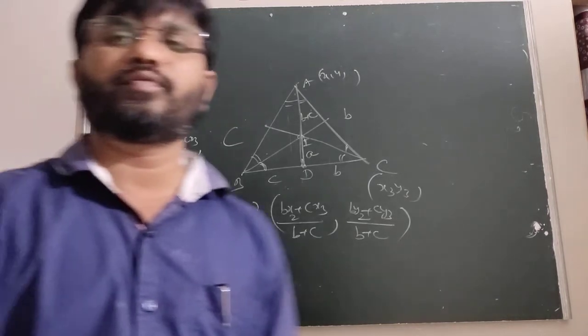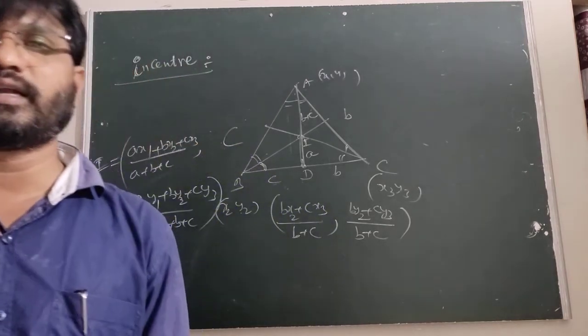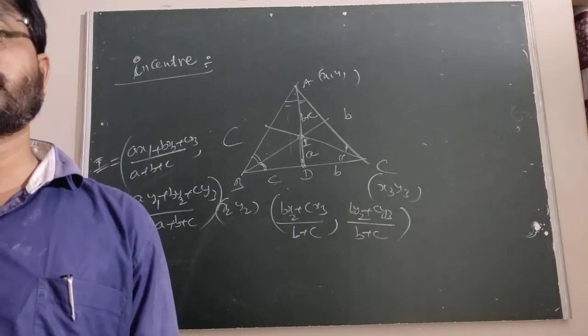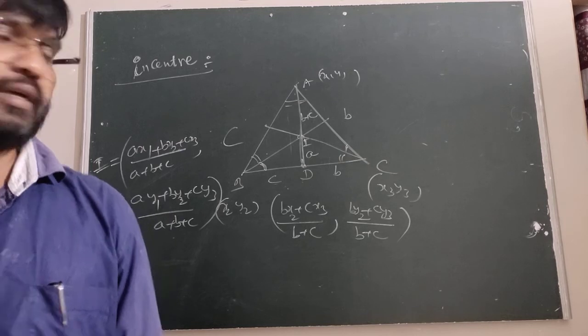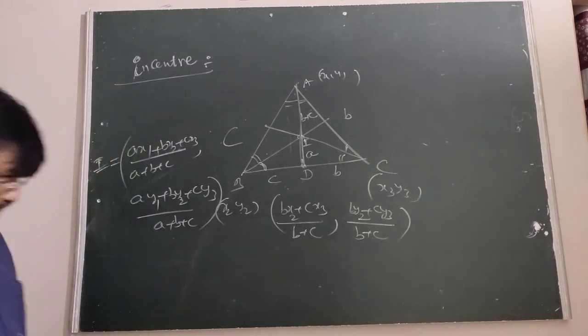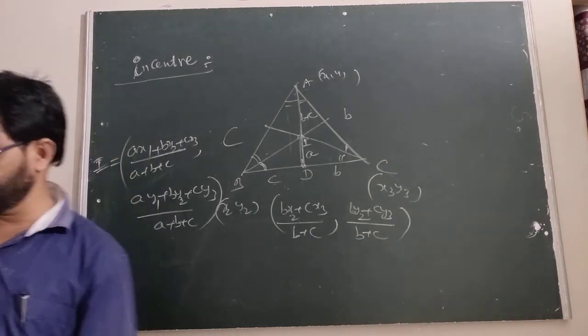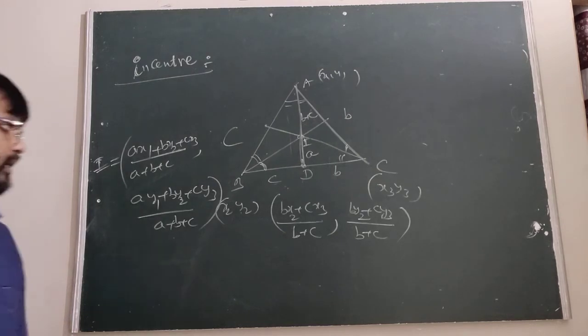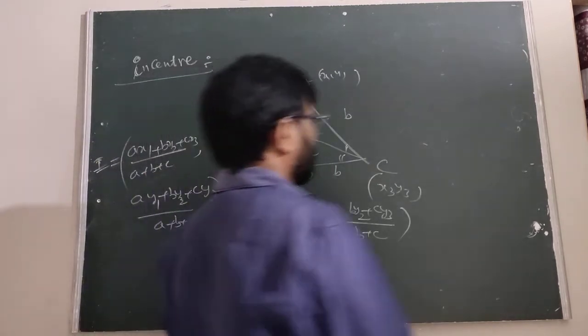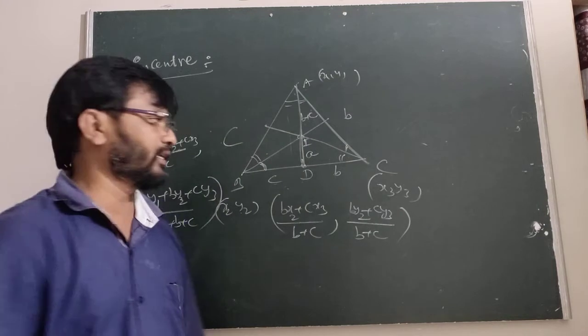The point of concurrence of the internal angular bisectors is called the incenter, denoted by I. Now the excenter. All of you listen here: a triangle has three excenters.